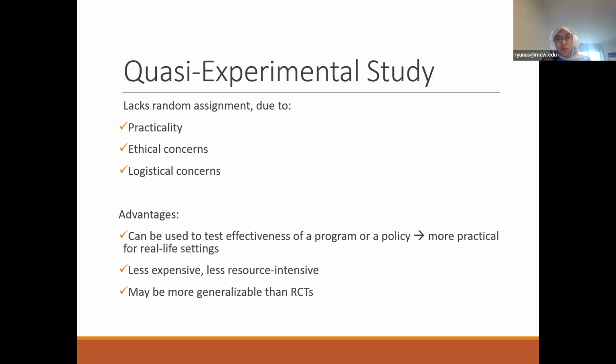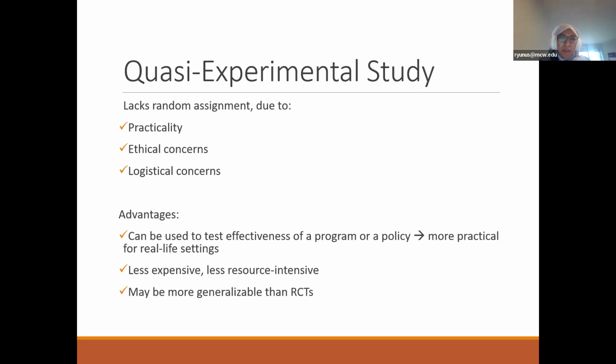So when this kind of situation arises, it can lead to a researcher deciding to skip the step of random assignment because of such ethical concern.